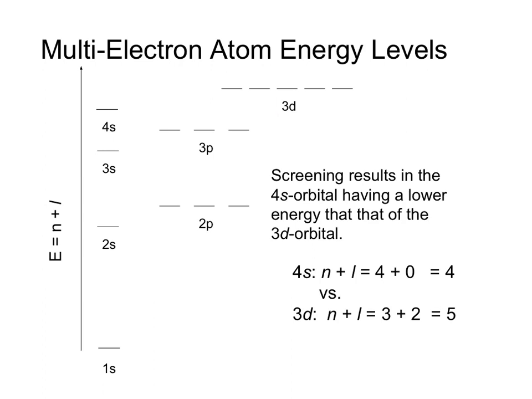What this means for us is that when we think of filling an atom with electrons, we would naturally fill the 1s orbital first. When the 1s orbital is full, we've filled up the first Bohr shell completely, so we'd move to the second Bohr shell, and we'd fill our s sublevel in there, and then our p sublevel.